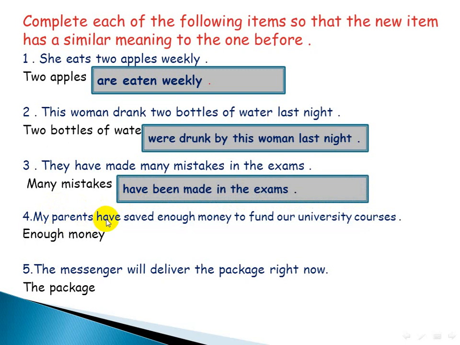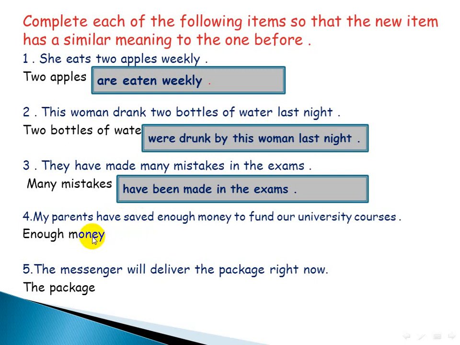4. My parents have saved enough money to fund our university courses. We have enough money. So we started with the object, so please remove it. Now we need to identify the tense of the sentence. We have plus verb 3, so it's present perfect. But in this sentence we have a trick.